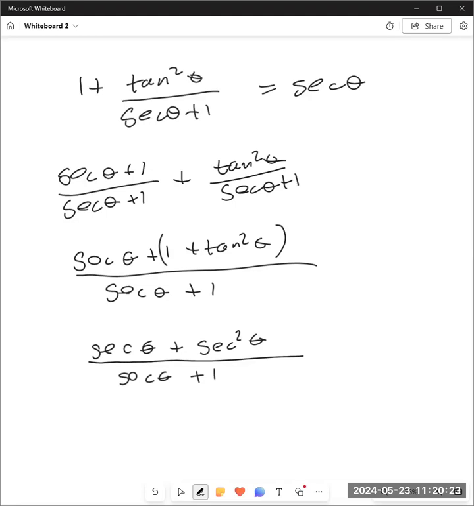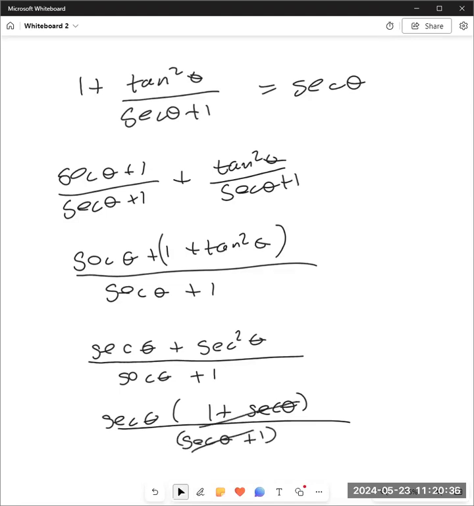And I see a greatest common factor of secant theta in the top, 1 plus secant theta plus 1 in the bottom. And those are the same thing. They make a 1, and I'm left with secant theta.